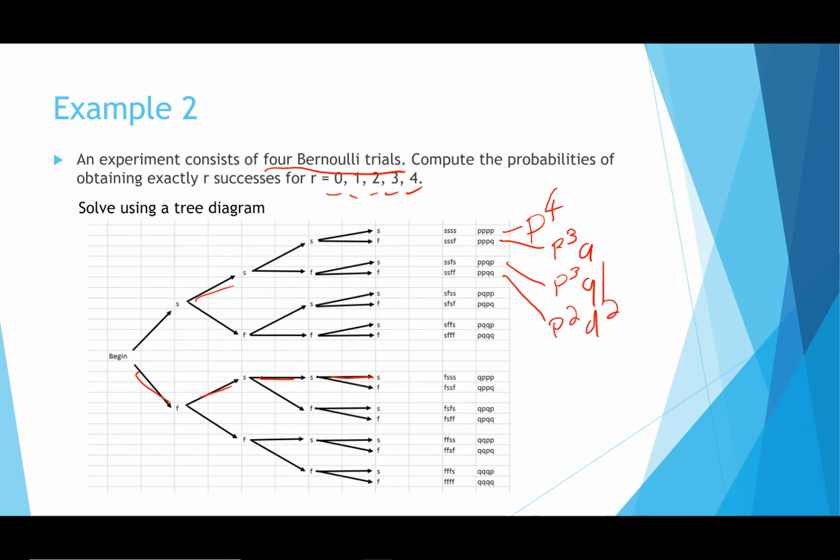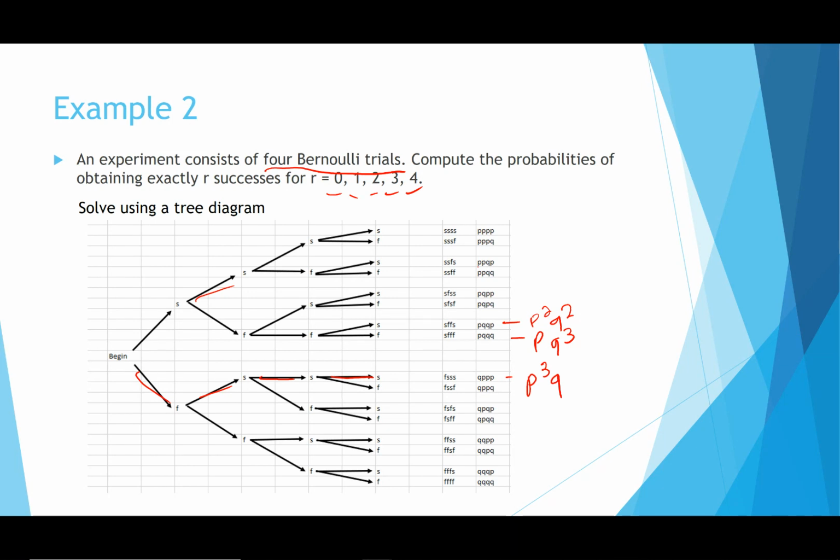Okay. Now, I can't write small enough to fit all of these, but you've got to get the idea, right? Here you've got 2 P's and 2 Q's, so that's P to the 2nd, Q to the 2nd. Here you've got 1 P and then Q to the 3rd. Here you've got 1 Q and P to the 3rd, and so on.